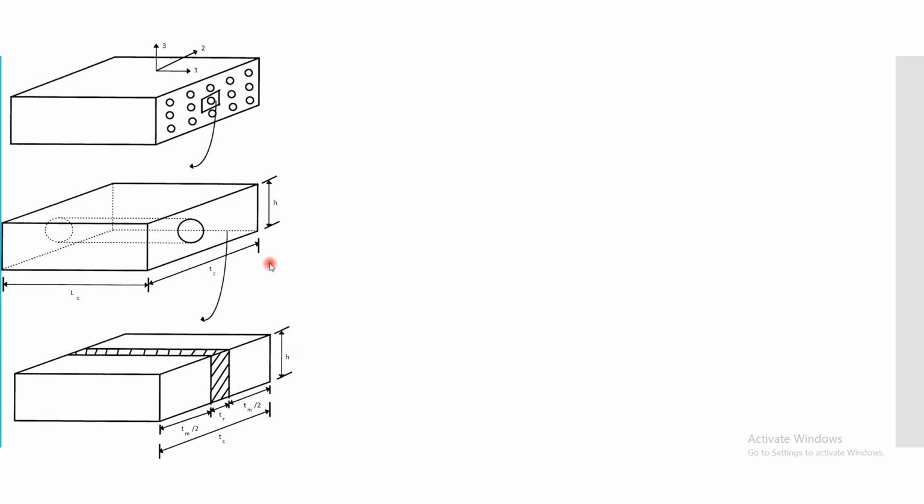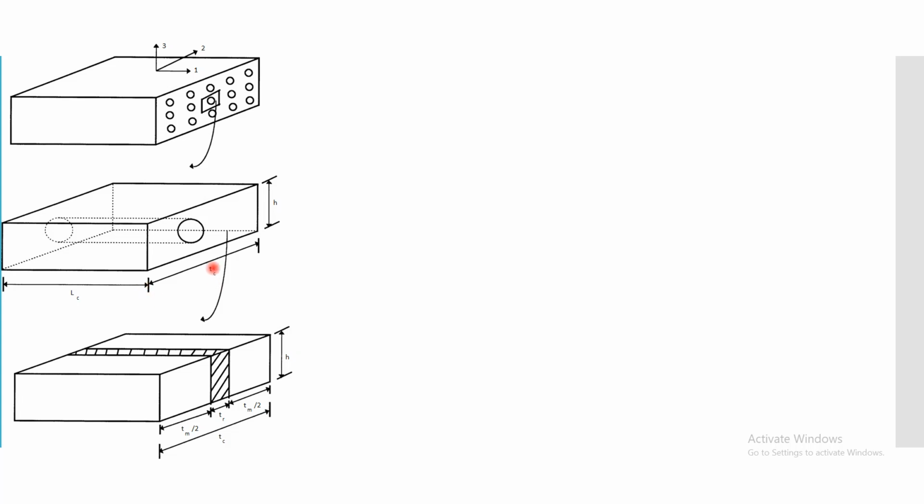Okay, here it represents that rectangular block, which represents some of the dimensions: H represents its width, TC represents thickness of the composite, and LC represents length of the composite.